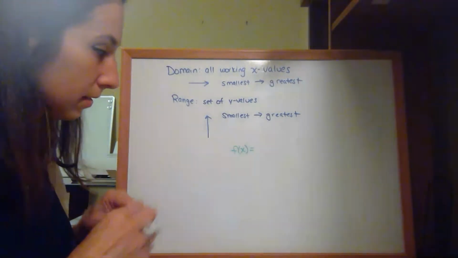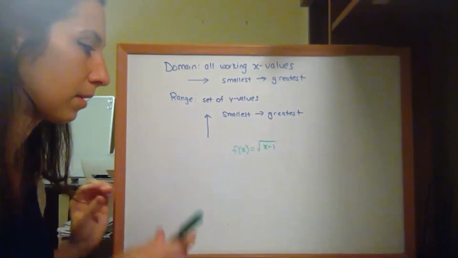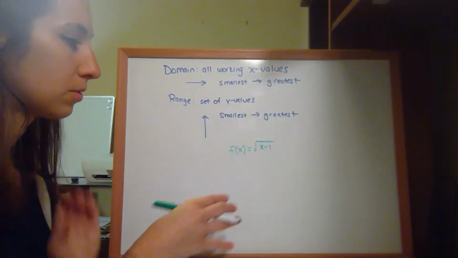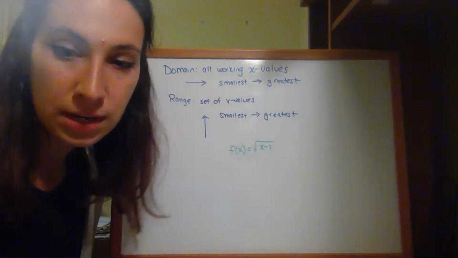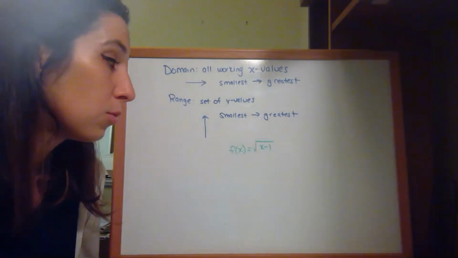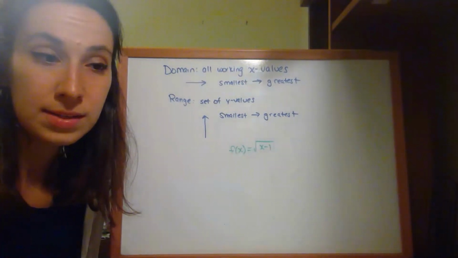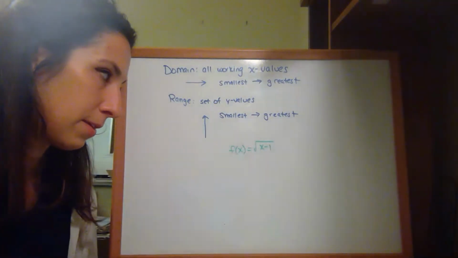We've got, let's say, square root of x minus 1. This is a radical, and you cannot have negatives underneath a radical. It's okay to have a square root of 0, and of any positive number, just not a square root of a negative.